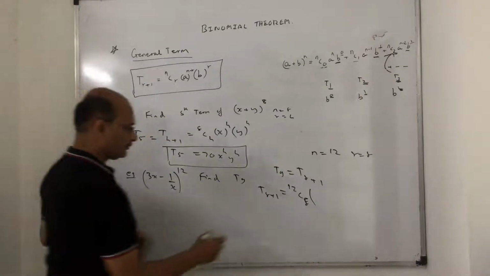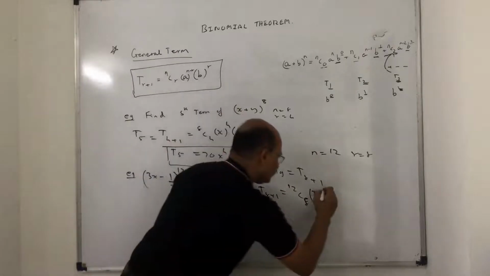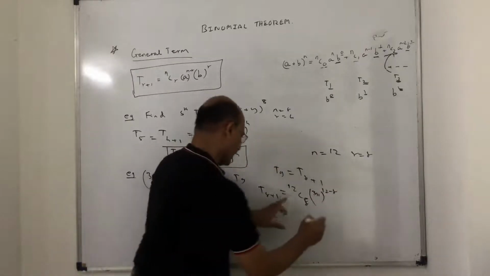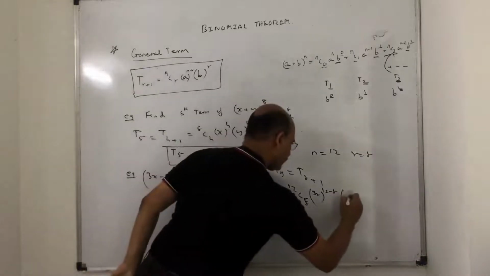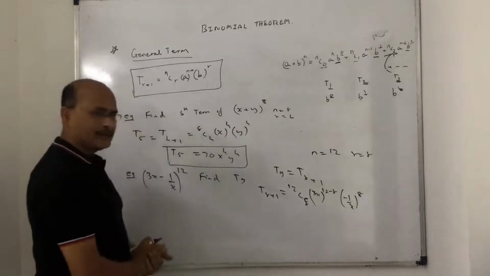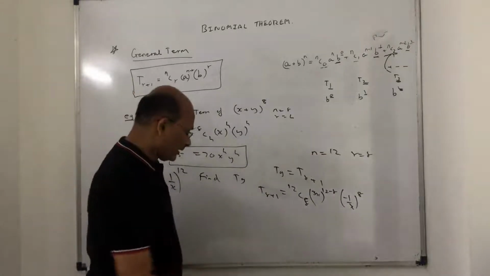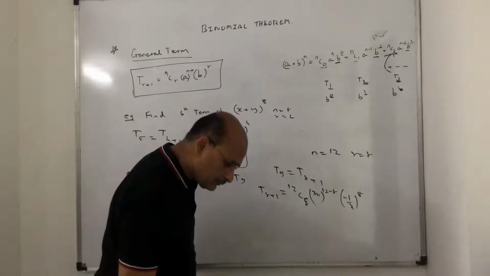It is 3x raised to 12 minus 8. And the second term, what is the second term? Minus 1 upon x squared, raised to 8. Now I think you can work out. Now if you see 12C8, what happens to 12C8 now?